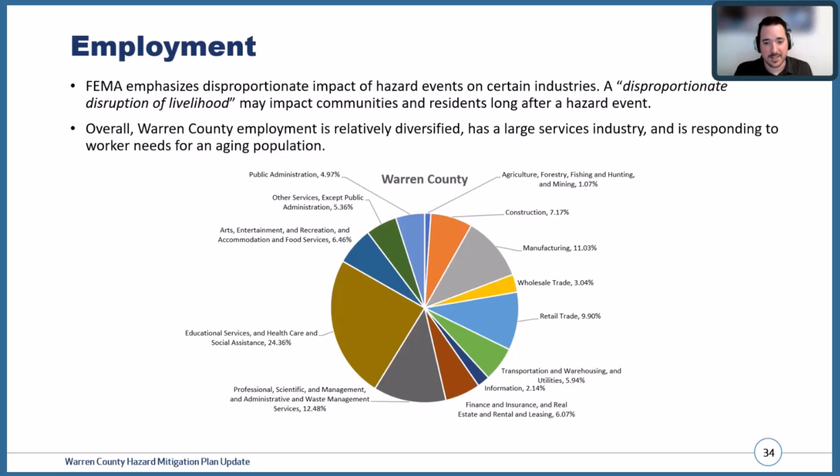Employment in the county. This is a chart we like to see. We like to see a lot of colors on it. We like to see a diverse number of industries in the community, because if everyone was working for one business and that business faced a hazard or risk, then the concern would be everyone would lose their jobs or lose their income, and that would impact the economy as a whole.